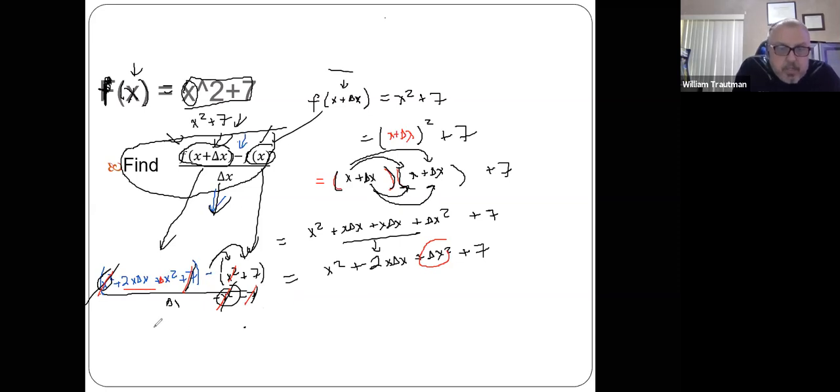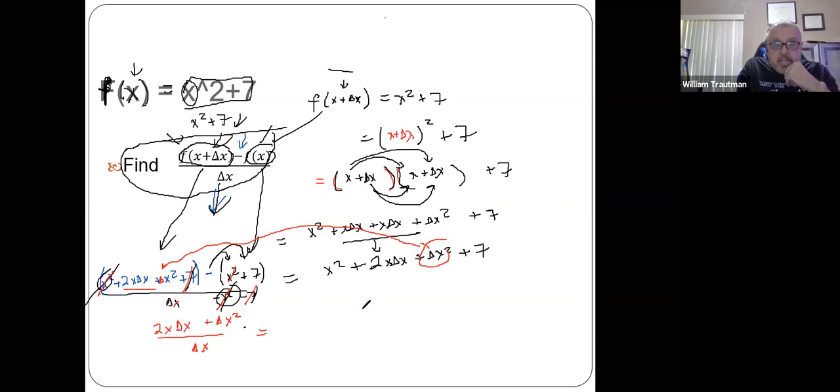We are left with 2x change of x plus change of x squared all over the change of x. There, that makes more sense. I didn't bring the change of x over when I did this problem. I had to put the change of x there. It's change of x squared.